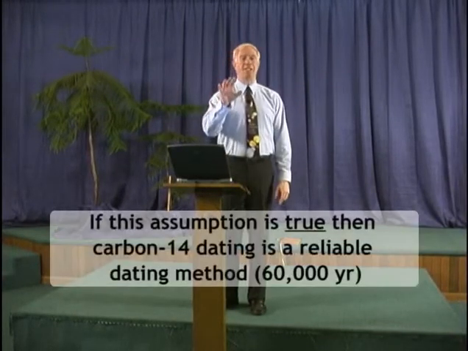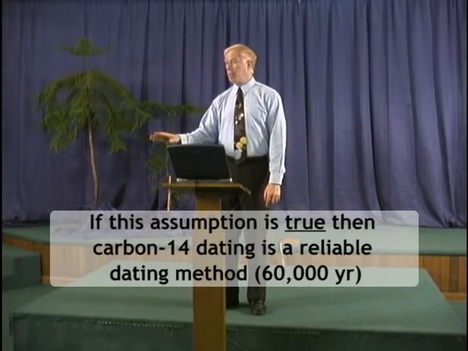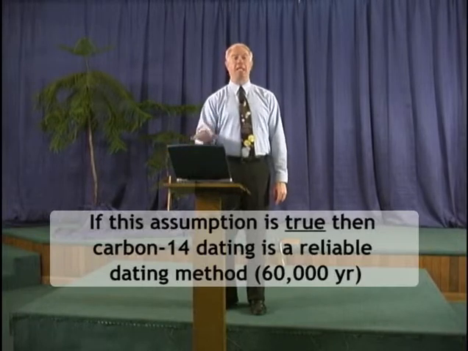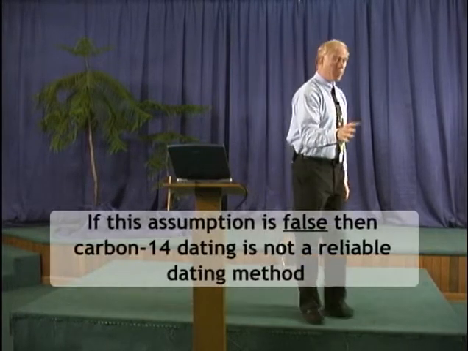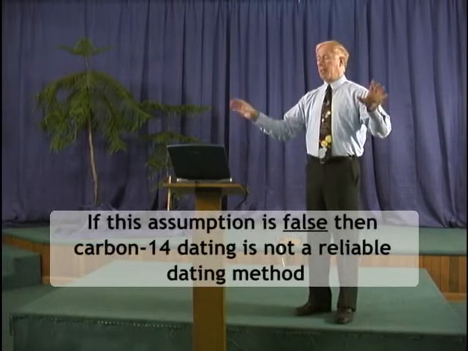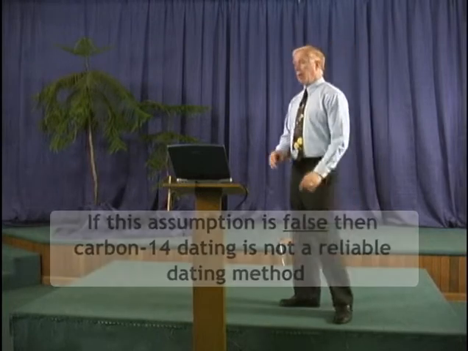If this assumption is true, then carbon-14 is a reliable dating method back to about 60,000 years. However, if this assumption is false, then the carbon-14 dating method is not a reliable dating method. So we have to go back now and examine this assumption.